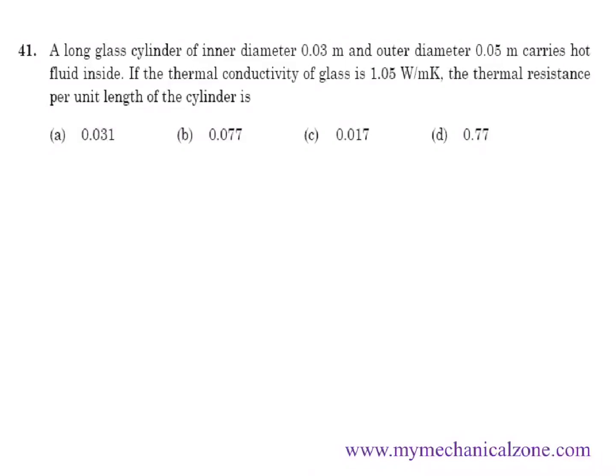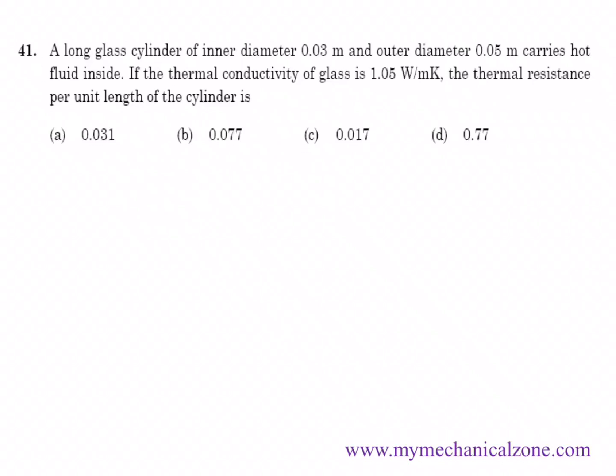Next question: a long glass cylinder of inner diameter 0.03 meter and outer diameter 0.05 meter carries hot fluid inside. If the thermal conductivity of glass is 1.05 watt per meter Kelvin, what is the thermal resistance per unit length of the cylinder? So we have to calculate R_th. Length is 1.